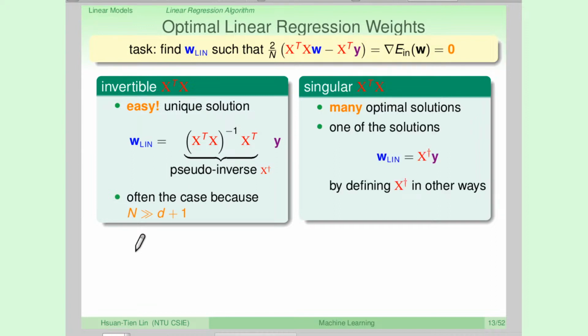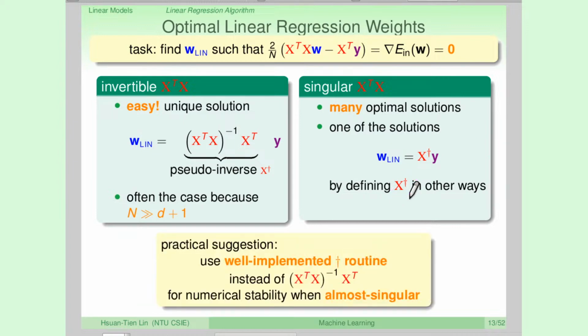In that case, you can define the pseudo inverse, the X dagger, in other ways that we will guide you to do in homework 2. Actually, you have encountered that in homework 0 as well, but you didn't know it. We will guide you to do that in homework 2, so you understand it a little bit better.